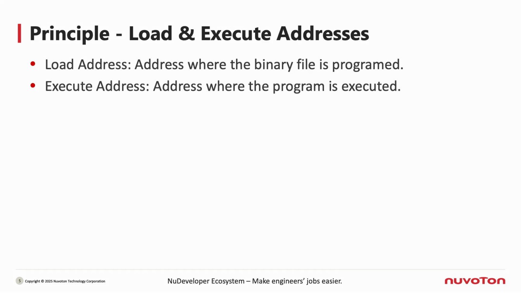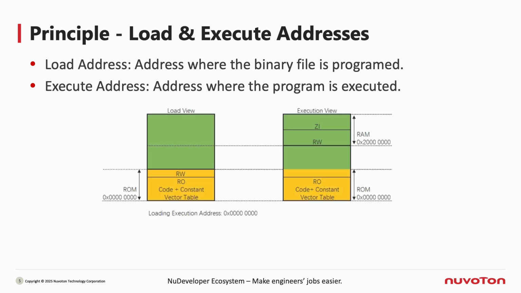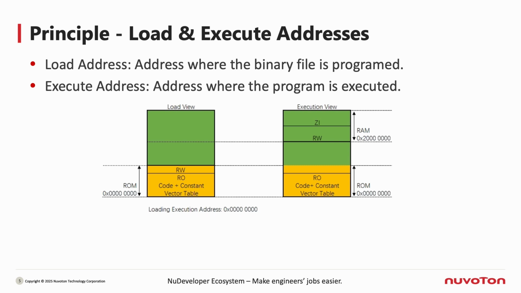Let's look at the loading address and execution address. The loading address is the address where the binary file is programmed to Flash. The execution address is the address where the program is executed. For example, in the following image, both the loading and execution address are set to 0x00000000.